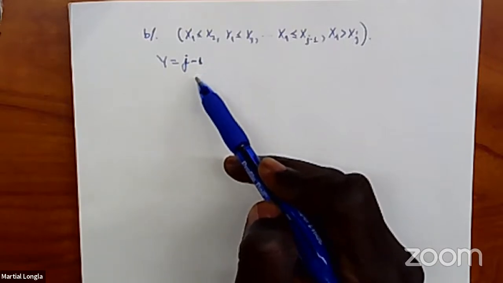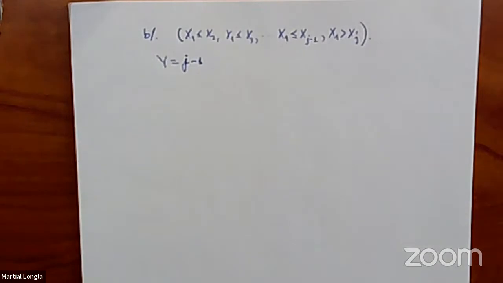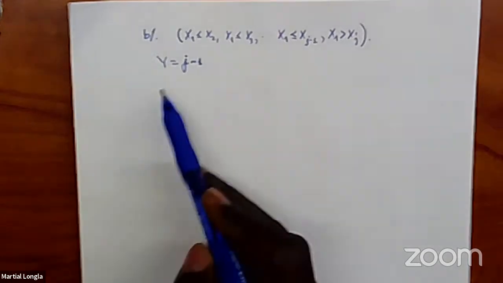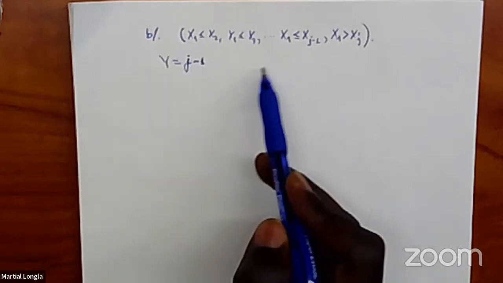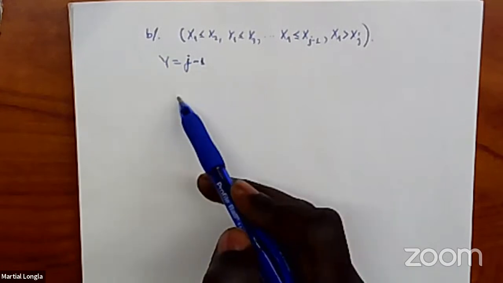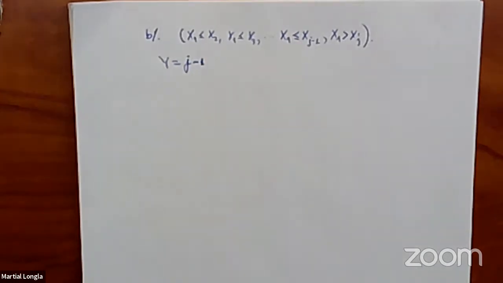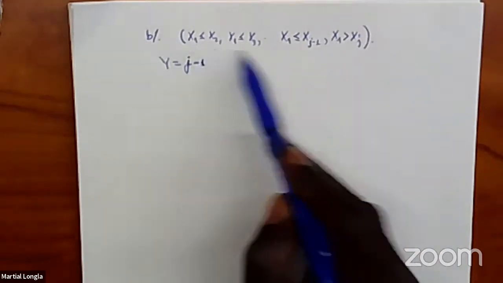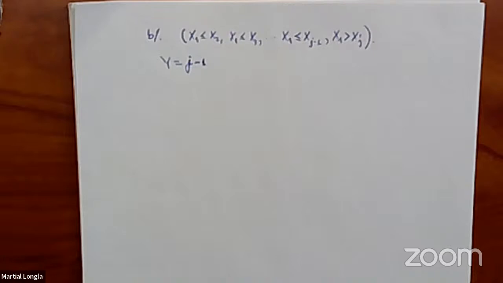So I just translated that into a formula. Y is the number of observations until x1 is no longer the smallest one, not counting x1 itself, and it's j minus 1 because I removed the first observation, which is x1.